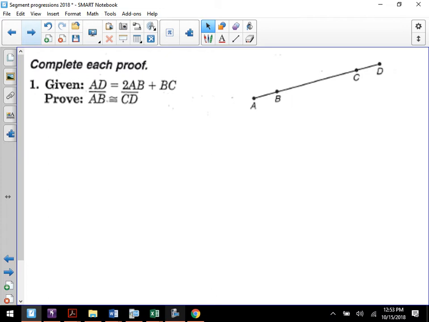So take a second, draw it up, and we'll go through a pretty decent little proof here. Whenever you're doing proofs and you're writing things out and drawing diagrams, always take note of what information they're giving you and take note of what you have to prove. So you've got a segment that they're giving you that's made up of other segments. But then they're trying to prove that something is congruent.